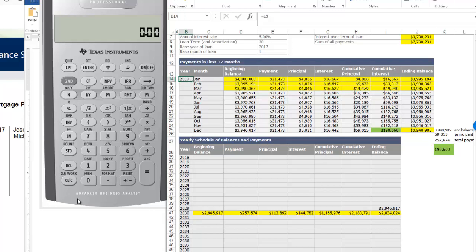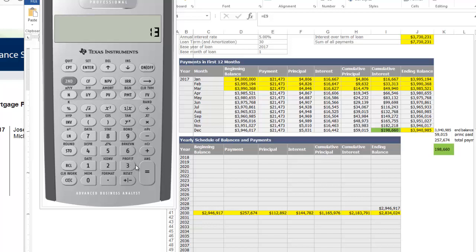My original loan term was 30 years, and 13 years have gone by, so I'm going to subtract the 13 from the 30. That gives me 17 years of payments I haven't made yet, and so now I'm going to need to multiply it times 12 to put that into the number of monthly payments I haven't made yet. Put that in for N. So remember, my definition is we're going to be computing a present value of the payment.